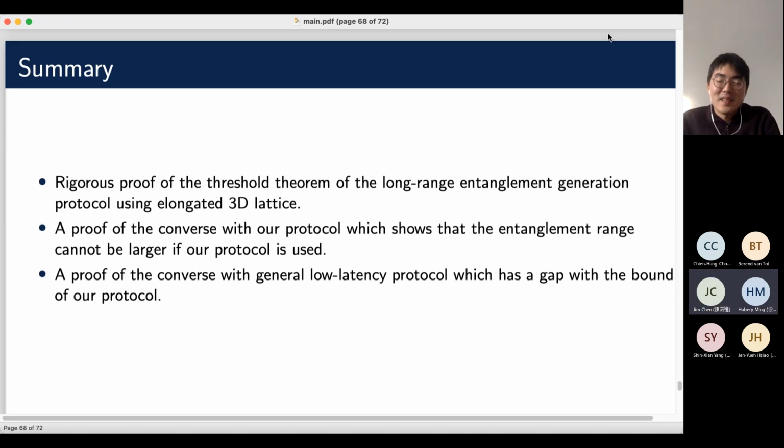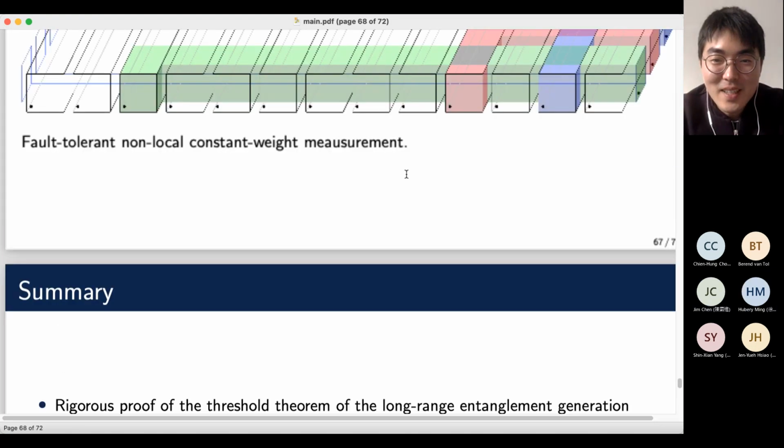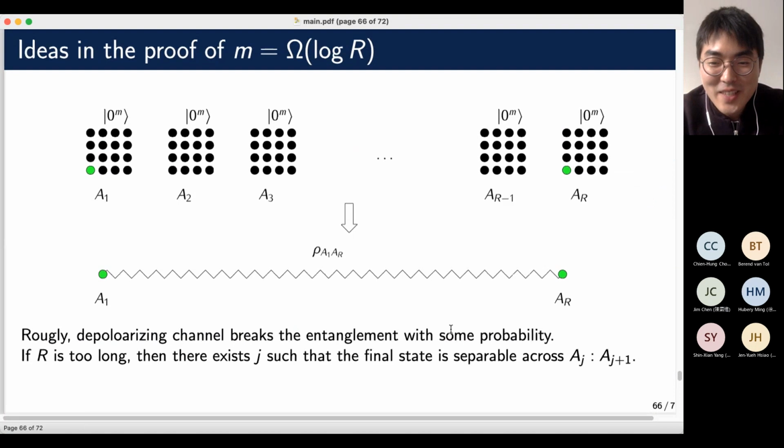Okay. Yes. So using this separability idea, one can show that if we stick to a low latency protocol, then to achieve this constant fidelity, you need at least log R qubits per repeater station.